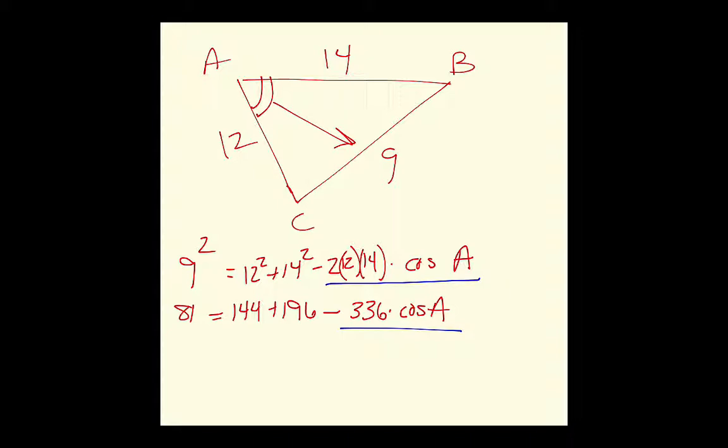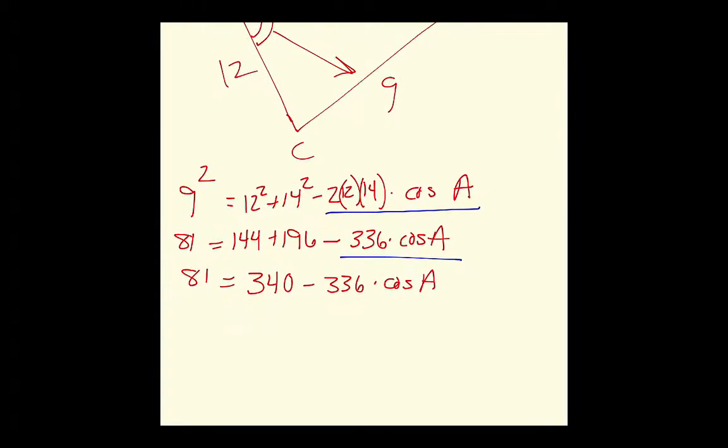The 144 plus the 196 I can add together to get 340 minus 336 times the cosine of A equals 81. But I cannot subtract the 340 and the 336 because this has a variable, this has a multiplication. So I can't do that.